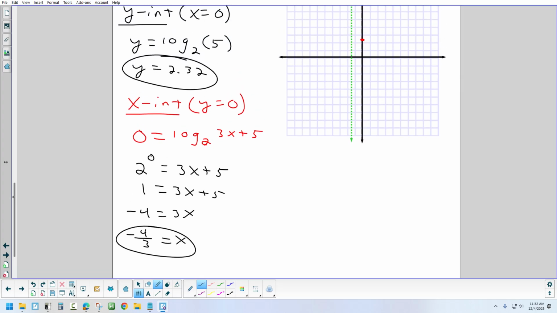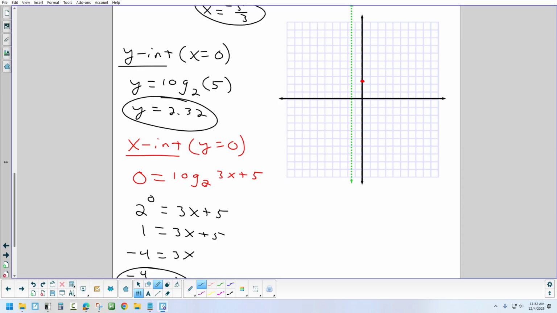That's your x-intercept. So that's about right there. Okay, so we've got 2 points. We can see a little bit of the curve, but we need maybe 2 more x values in that area. What would be 2 other x values that would be good to plug in?